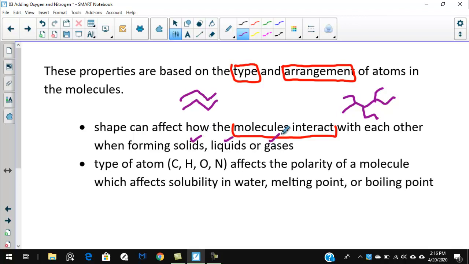The other thing that can affect a molecule is the type of atoms. And so we're going to deal first of all just with carbon and hydrogen atoms. But as we move along, we'll add oxygen and nitrogen atoms to our molecules. And they affect the polarity of the molecule. So you may remember we were talking about polarity in the last unit.